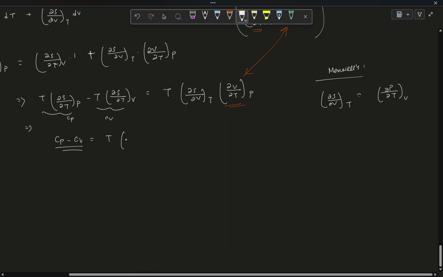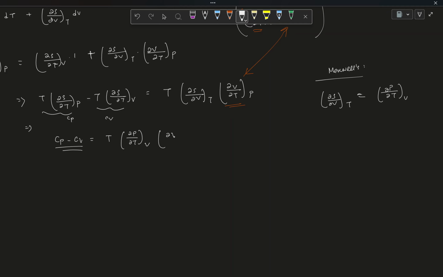This is T, T del P del T at V constant times del V del T at P constant.